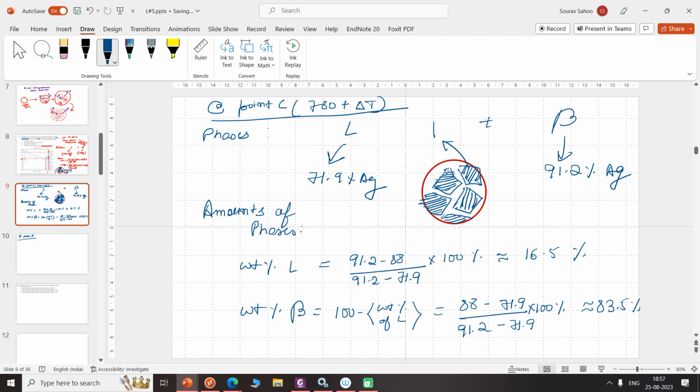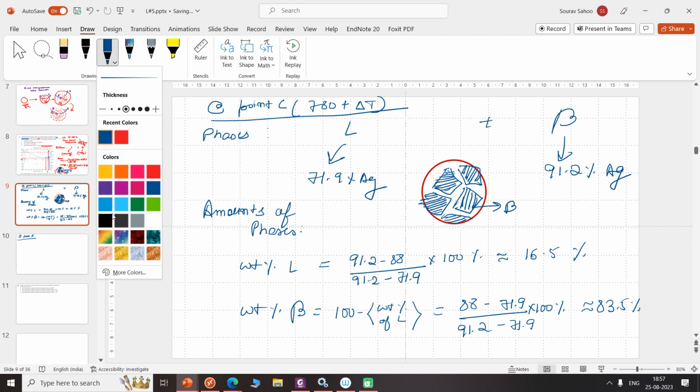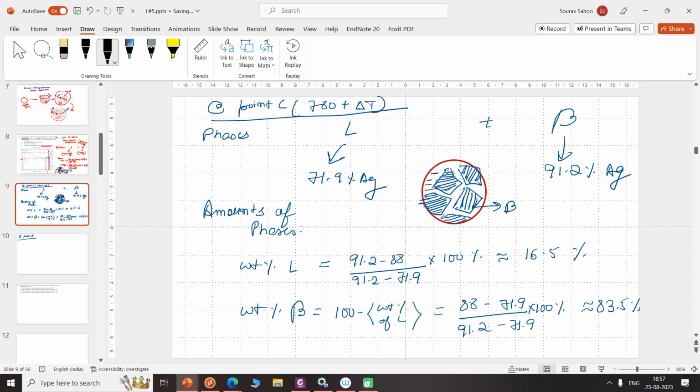So this is my beta, and the remaining part is just above the eutectic temperature. I have some minor amount of liquid outside.